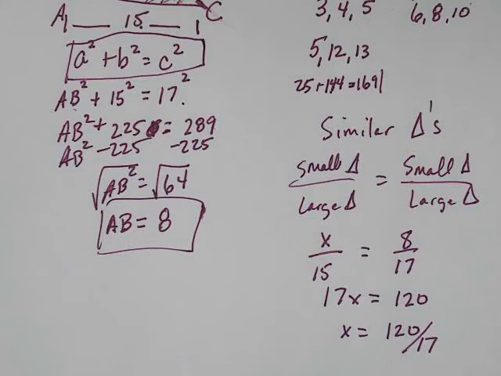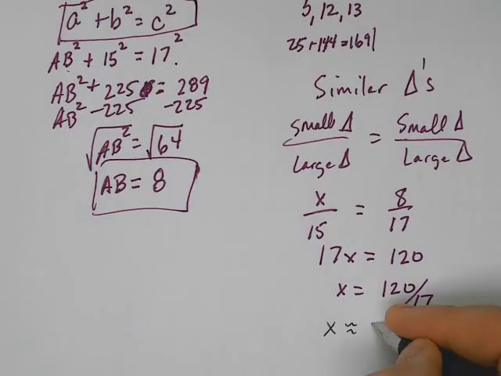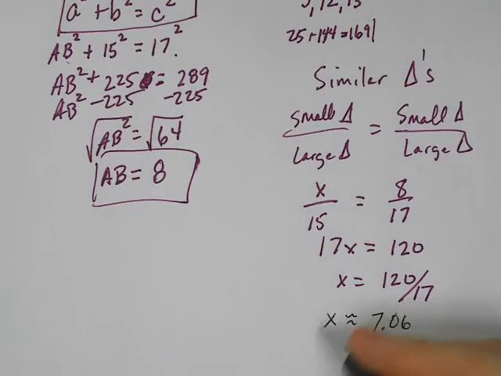Elise, do you have your calculator? Okay, go ahead and take 120 divided by 17 and give me a decimal. Round it to the nearest hundredth. 7.06.